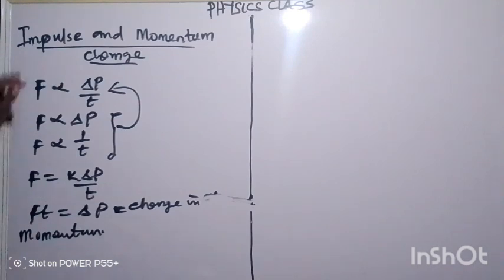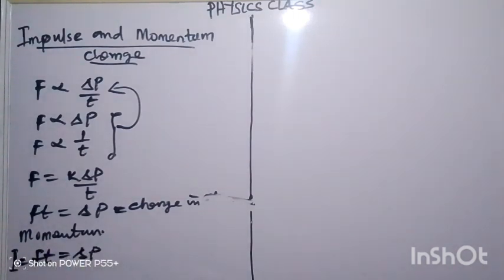From our topic, impulse and momentum change, this quantity, Ft, is what we term the impulse. That is, I, which is impulse, is equal to Ft, which is equal to delta P.